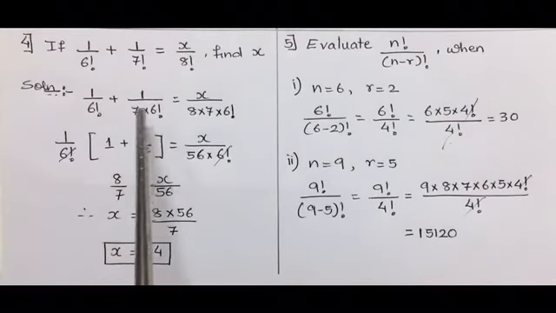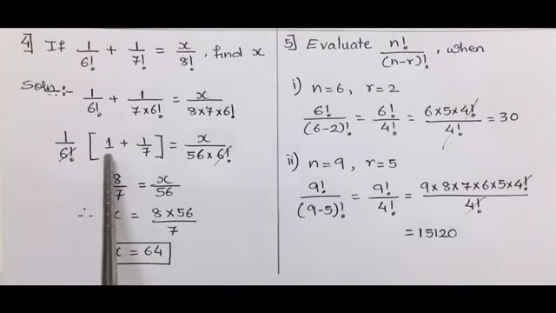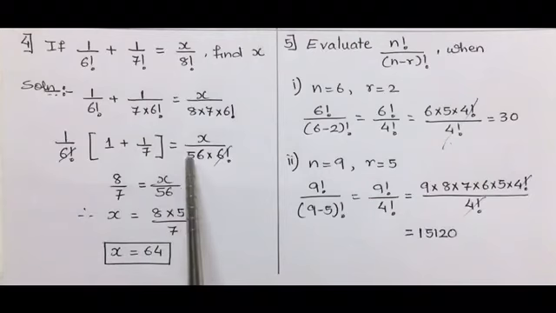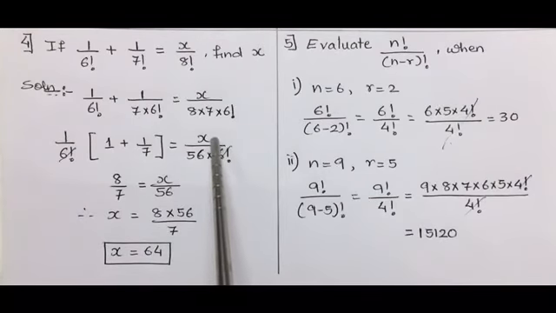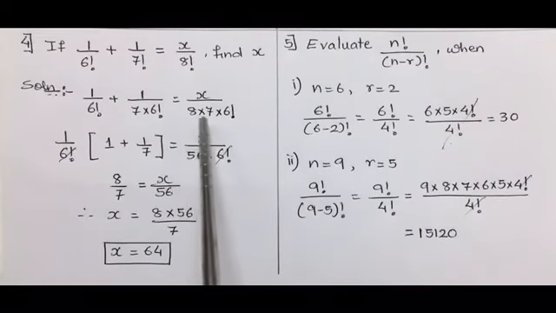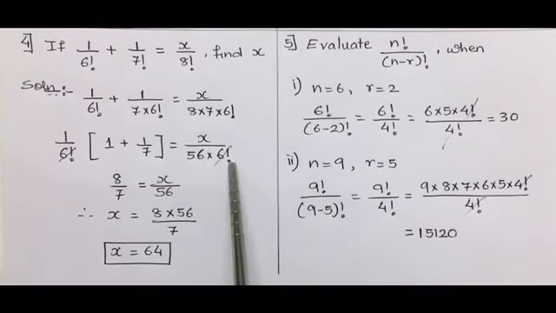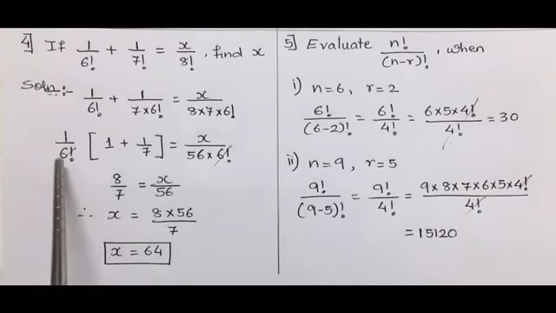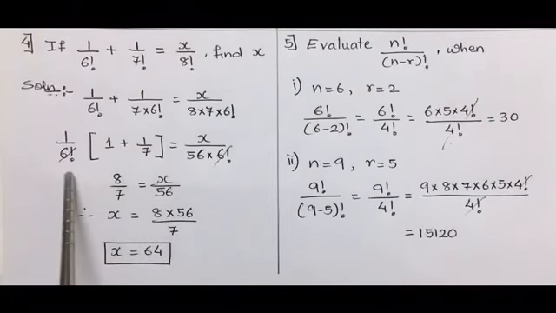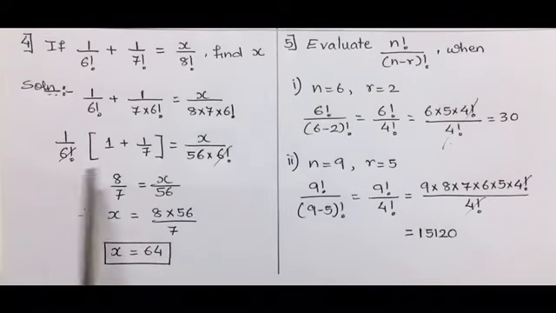Taking out 1 upon 6 factorial common, we get inside the bracket 1 plus 1 by 7 equal to x upon 8 into 7, which is 56, and 6 factorial is separated. You cannot multiply 6 factorial with 7 directly. Factorial is always operated with factorial. So 6 factorial and 6 factorial from both sides get cancelled.